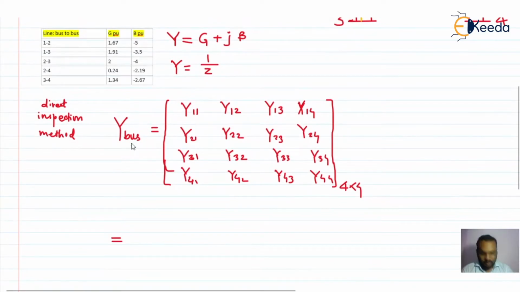If you solve this, you'll get the answer as, just cross verify this, 3.58 minus j8.5. This will be the Y11 term.